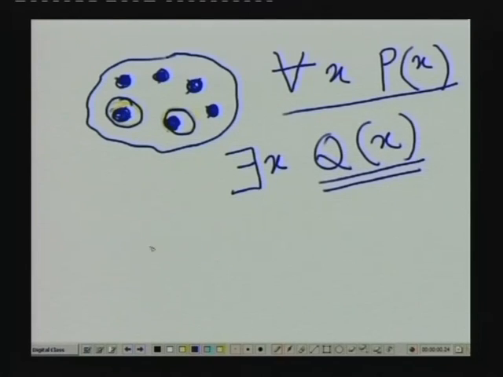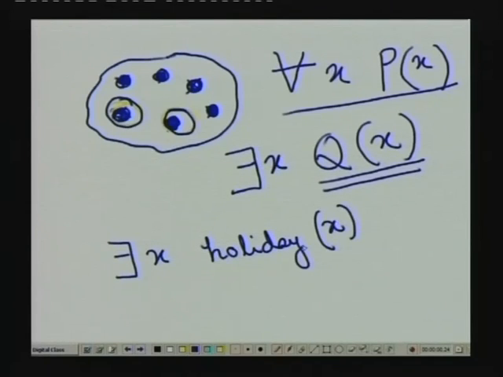Let me just write down an example. There exists x such that holiday x. Suppose these are the 7 days in a week.